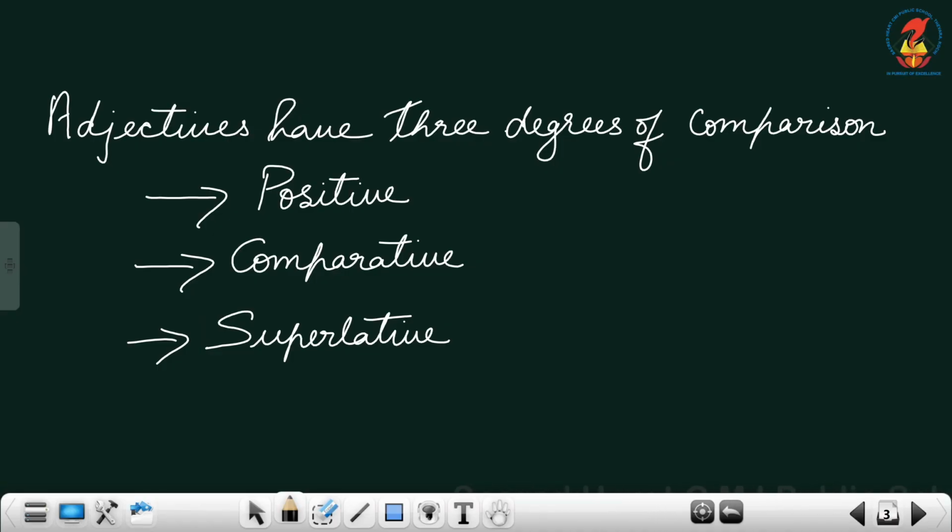See, adjectives have three degrees of comparison. The very first one, positive degree of comparison. The second one, comparative degree of comparison. And the third one, superlative degree of comparison. Now the first one is when there is no comparison to be made. So the sentence is in the positive degree.